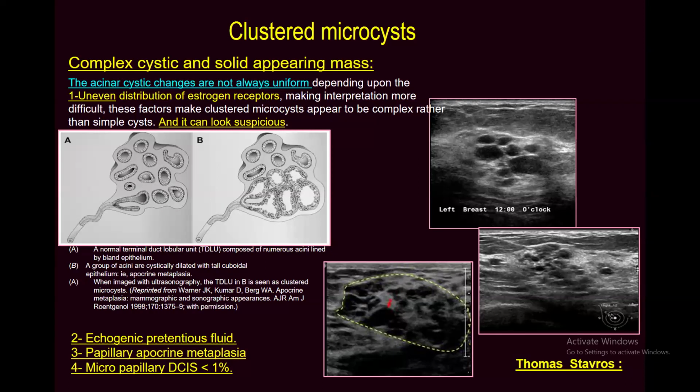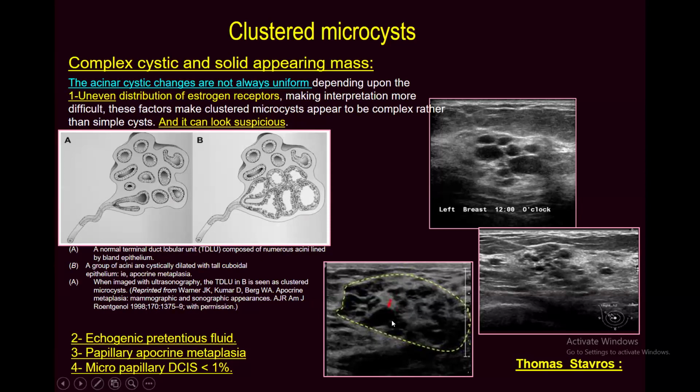Okay. Also, there are other challenges regarding these microcysts. Even in just benign fibrocystic changes, the acinar cystic changes are not always uniform. If you look at these illustrations, you can see some changes. This is the normal one. Here there are changes, while the others remain normal, not dilated. Why? Because it depends upon the uneven distribution of estrogen receptors, and this makes interpretation of the cyst complex.